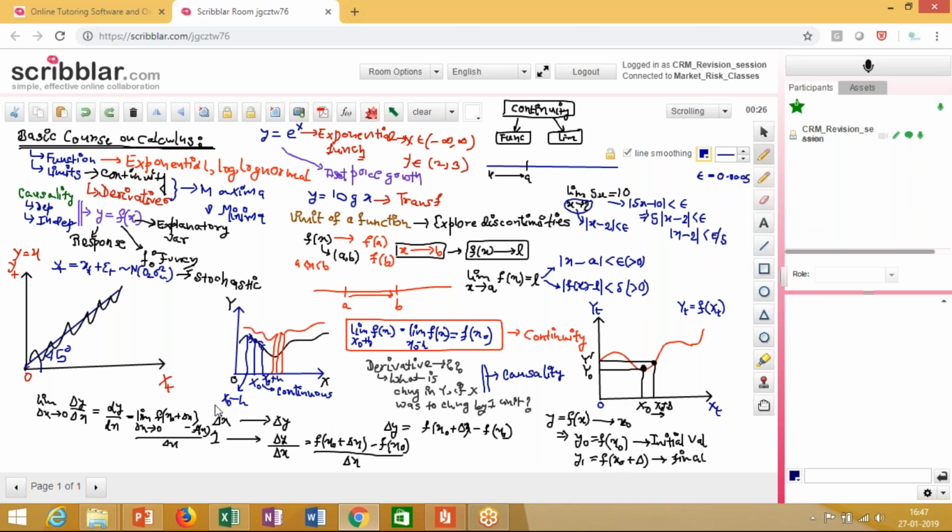So your derivative records the change in the dependent variable when your independent variable changes by very small units. Due to a very small change in x, what would be the corresponding change in y? And this responsiveness, therefore, derivative is a measure of responsiveness of one variable on the other, right? And that is what we also call the causality coefficients.